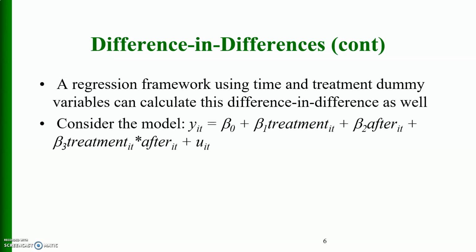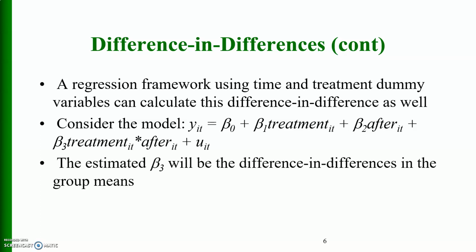Let us think of a model in which yit is equal to beta naught plus beta 1 treatment it plus beta 2 after it plus beta 3 treatment it times after it plus uit. In this case, the estimated beta 3 will be the difference in differences in the group means.